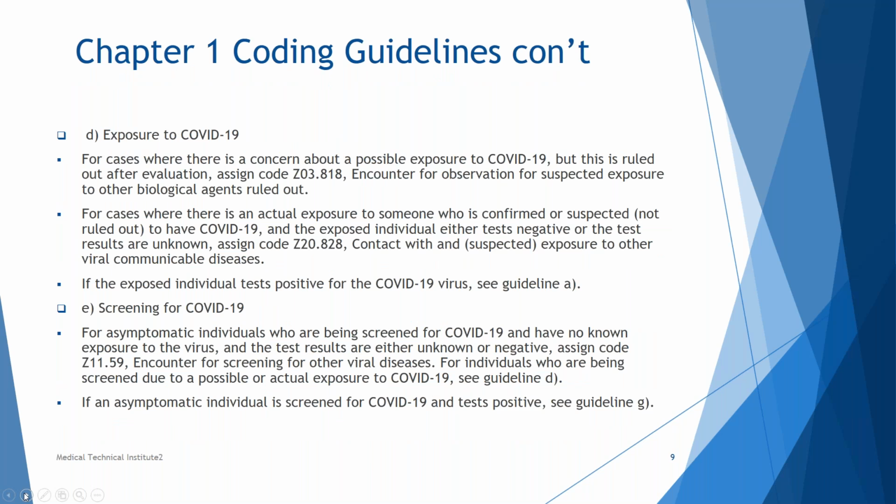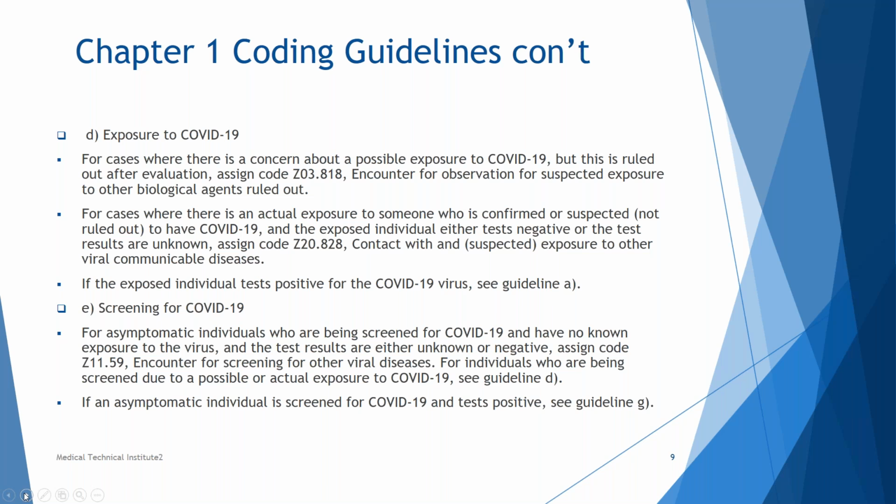Exposure to COVID-19. This is for cases where there is a concern about a possible exposure to COVID-19, but this is ruled out after evaluation. The code for that would be Z03.818, encounter for observation for suspected exposure to other biological agents ruled out.